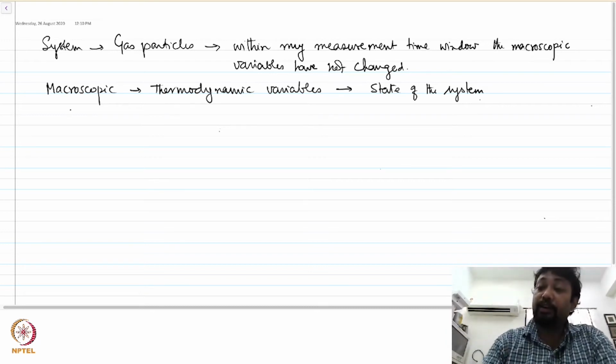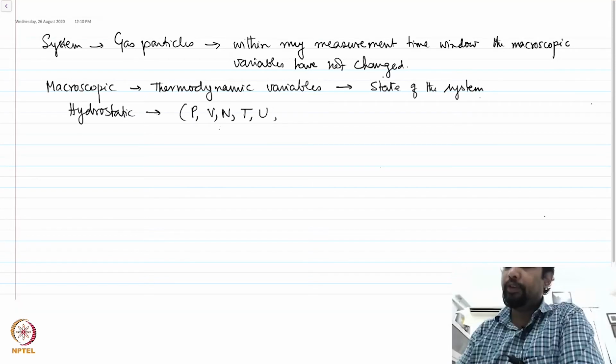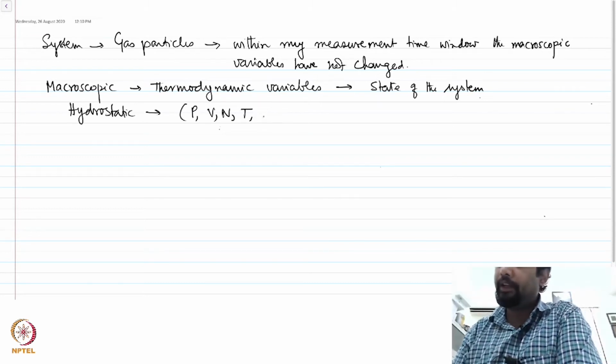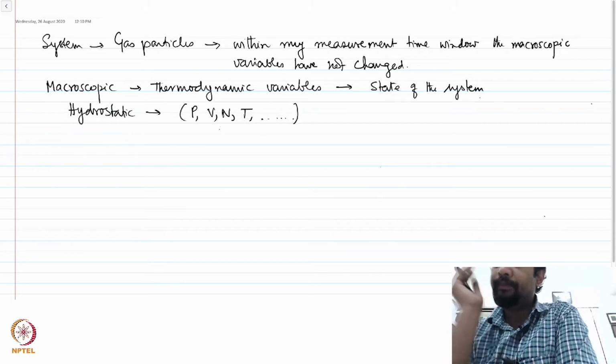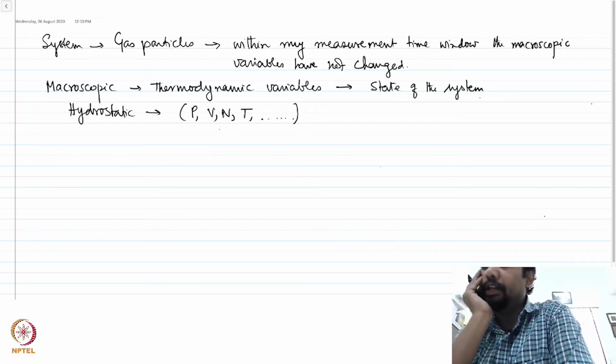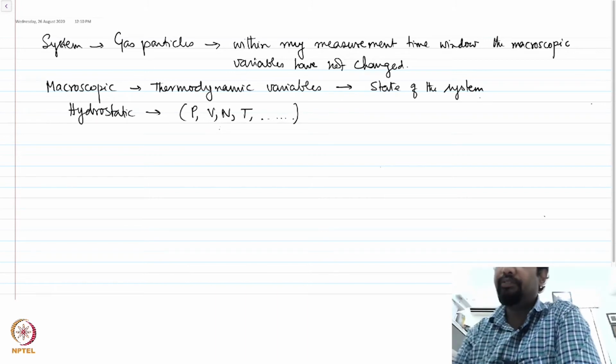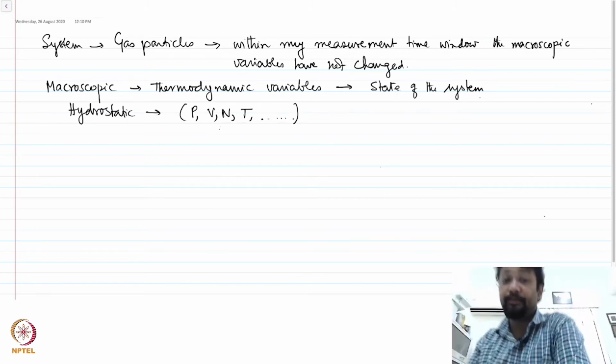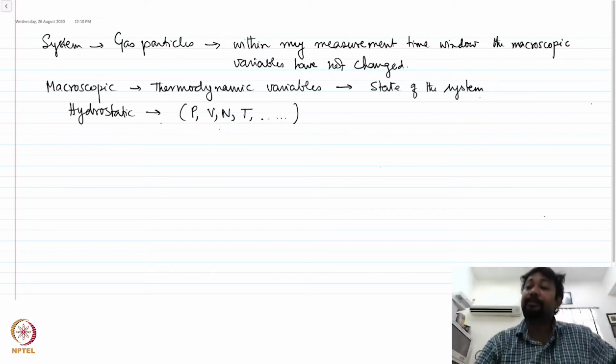So for gas particles, or as we shall write generally, a hydrostatic system, it is described by P, V, N, T, U. Let's just write it down in the following way: I have these thermodynamic variables, and the thermodynamic state of the system is very clearly defined by these macroscopic variables.